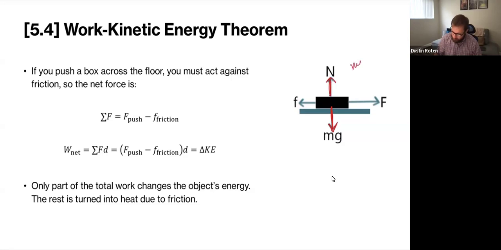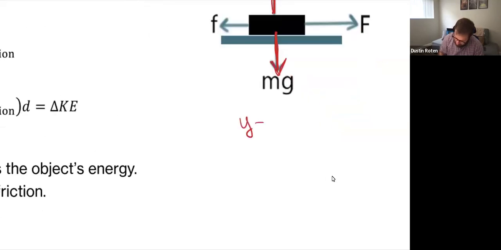And we know from Newton's first law that these two things are canceling each other out because it's sitting at rest. So these two things have to be equal. But guess what? We don't care what's going on in the y direction. The y direction does not matter here.